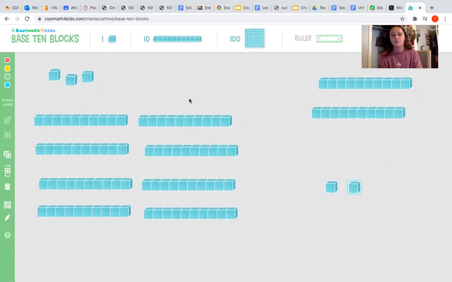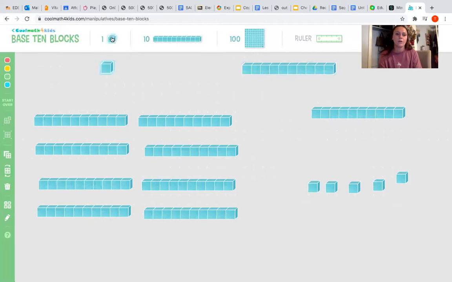But since we are going to regroup our 10 longs, we are now going to bring in 10 units for each long. So now for this long, I'm going to bring 10 units. So I have 1, 2, 3, 4, 5, 6, 7, 8, 9, and 10.